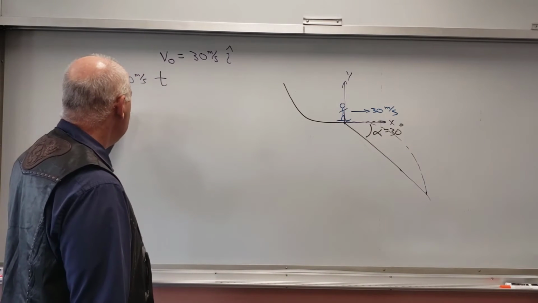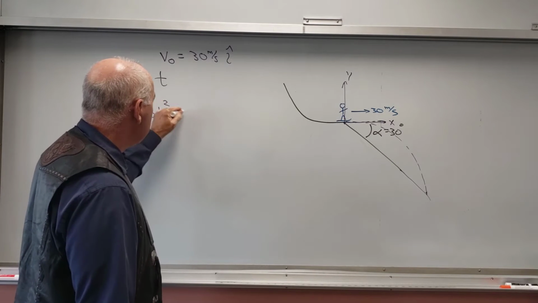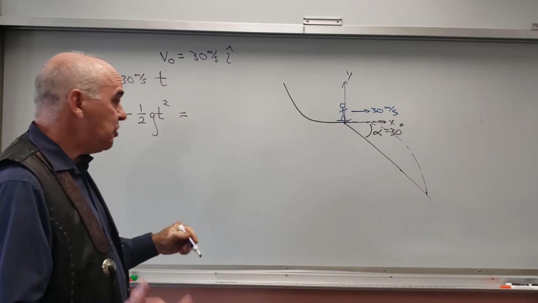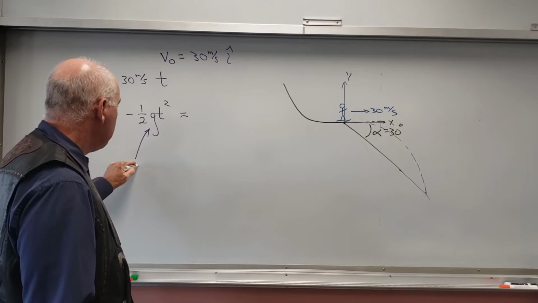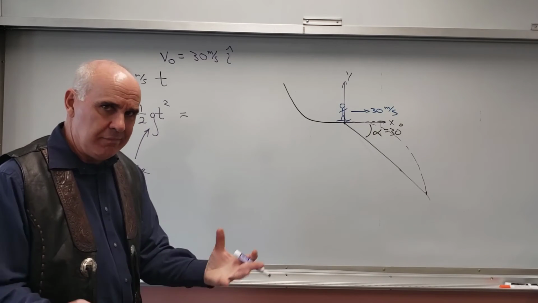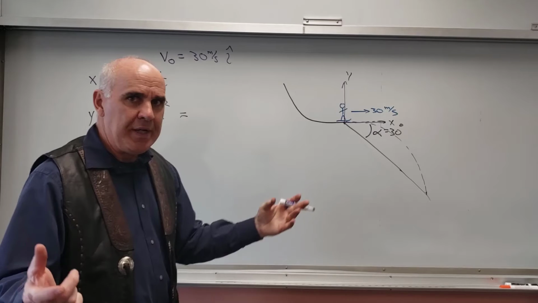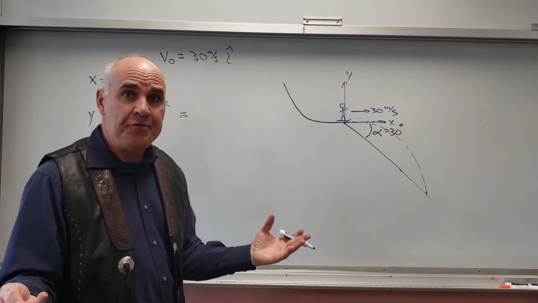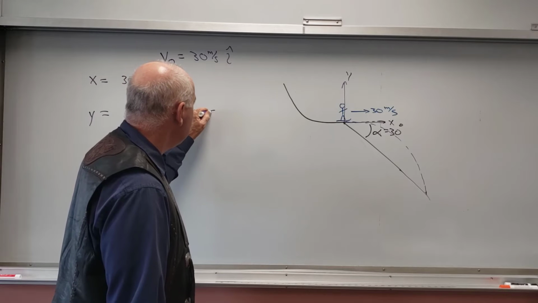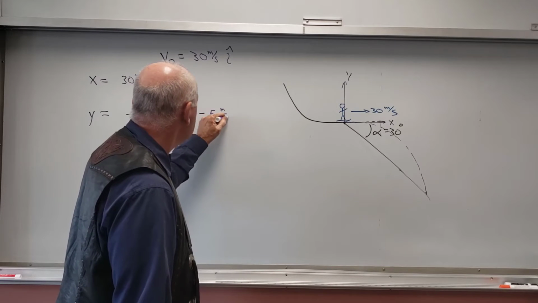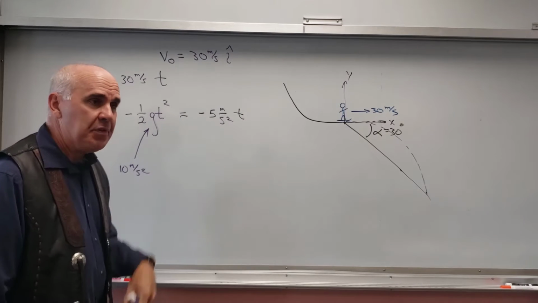I'm going to make my life simple and say that g, acceleration due to gravity, is 10 meters per second squared. It's easier to work with this way, but you can put 9.8 in if you want, or 32.2 feet per second squared. That's fine. So that's going to be minus 5 meters per second squared t squared.